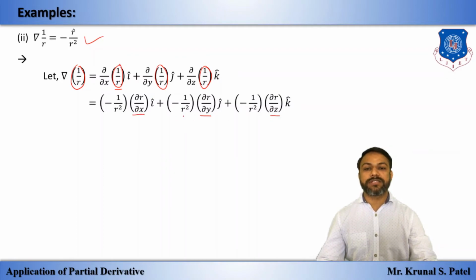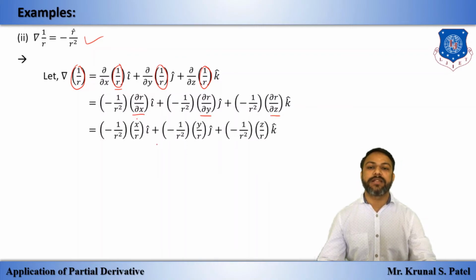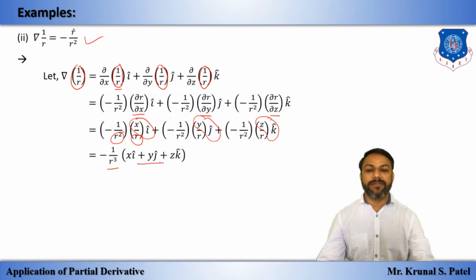Now we have all these three values, so we can put x by r, y by r, and z by r. So we have this, and by simplifying this, we can take r square into r common, and minus also we can take common. So in bracket xi plus yj plus zk, and this is our r vector. Now we can take this r from this r cube.